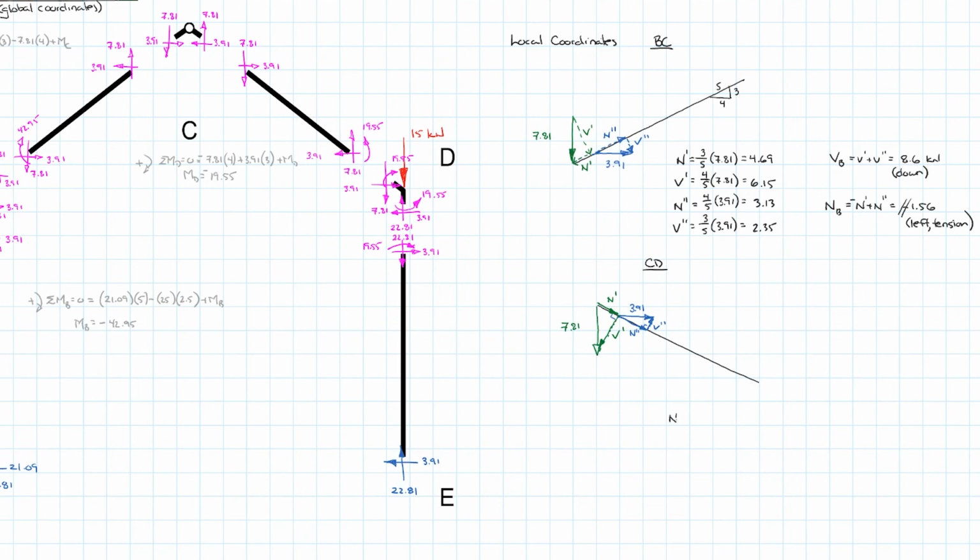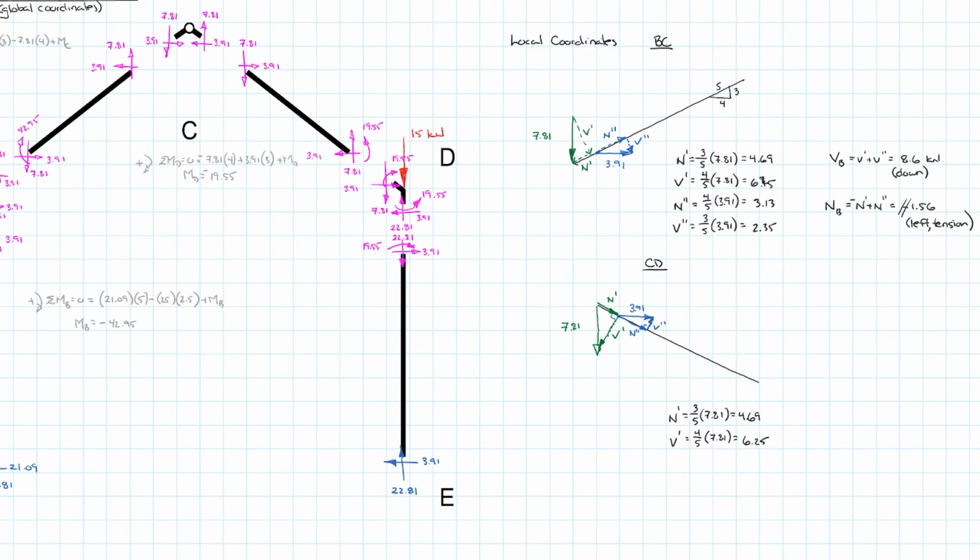So N prime is the smaller of the ratios, or 3/5 of 7.81, 4.69, and V prime is then the higher ratio, 4/5 of 7.81, 6.25.